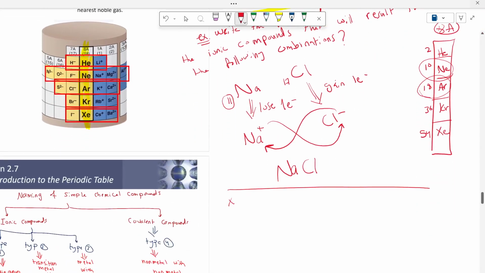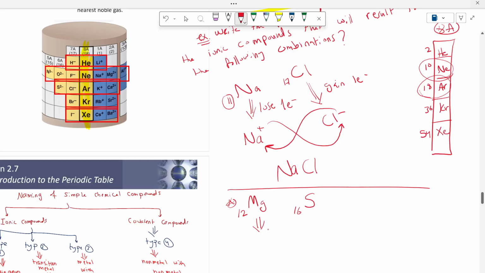If we have magnesium with, let's say, sulfur. Magnesium is 12, sulfur is 16. What is the corresponding noble gas of magnesium? The answer is neon again here. Neon is the closest noble gas to magnesium. Neon is 10, magnesium is 12.